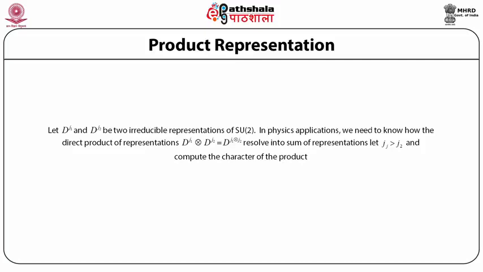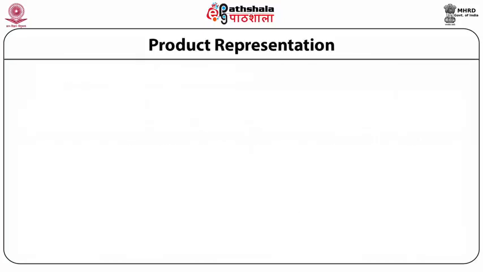The direct product of these representations, Dj1 cross Dj2, written as the representation D of j1 cross j2. To resolve it into a sum of representations, let us take j1 to be greater than j2 without any loss of generality, and let us compute the character of the product. The character of the product, chi of the product j1 cross j2 for the group element alpha, is the trace of the direct product representation matrices.